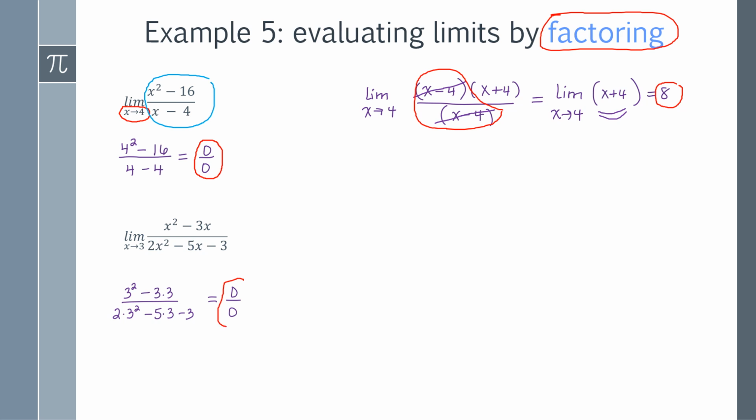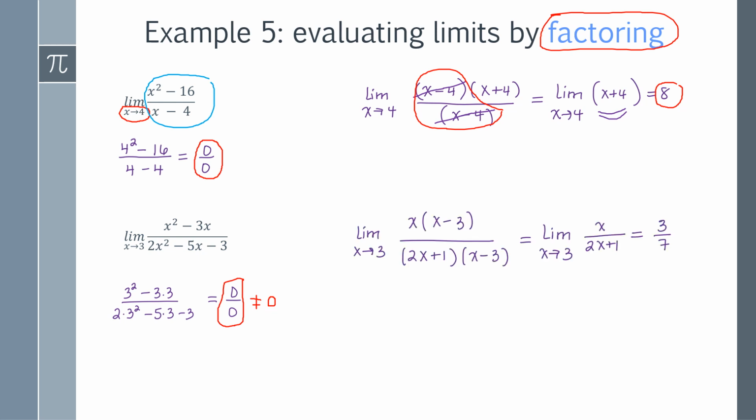Let me emphasize that this is not equal to 0. This is an indeterminate form, which at this stage of the class tells us we have to do some algebra. Both the top and the bottom can be factored, so here is my solution.